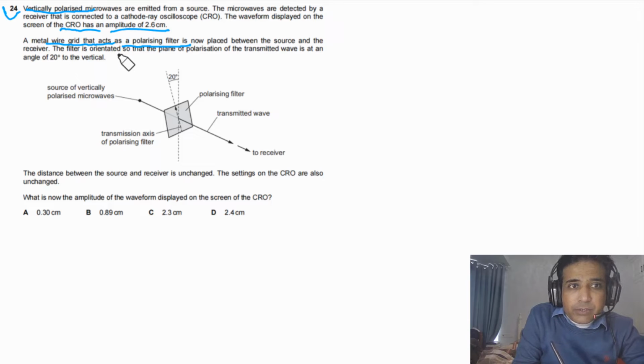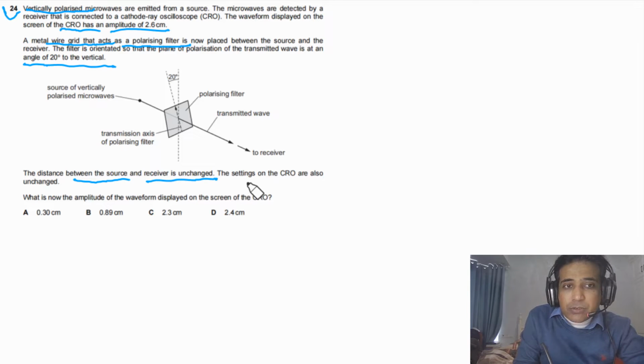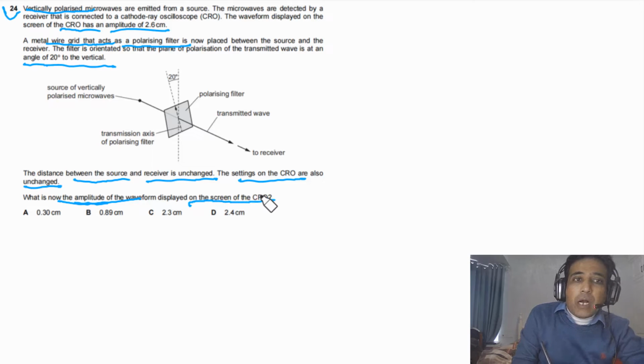The filter is oriented so that the plane of polarization of the transmitted wave is at an angle of 20 degrees to the vertical. The distance between the source and the receiver is unchanged. The settings on the CRO are also unchanged. What is now the amplitude of the waveform displayed on the screen of the CRO?